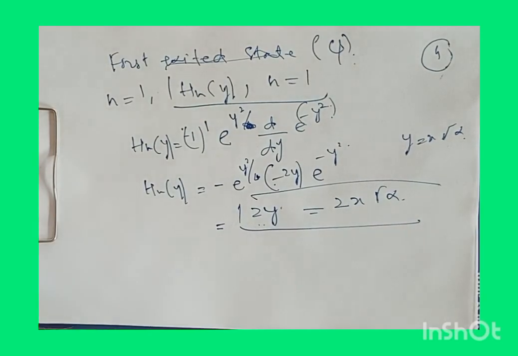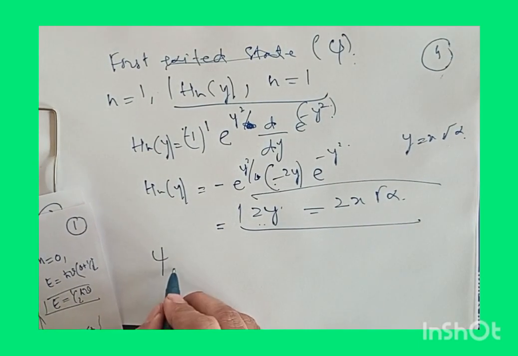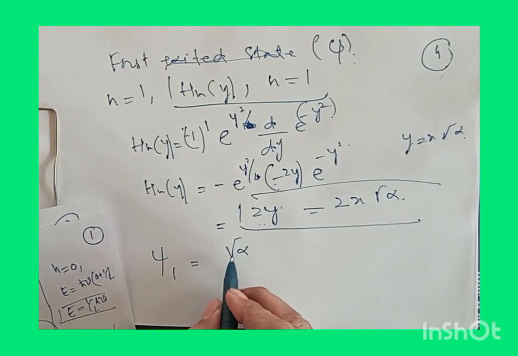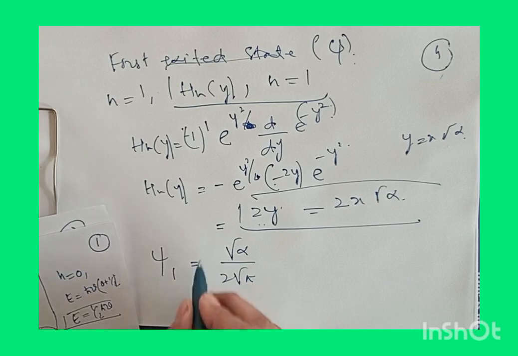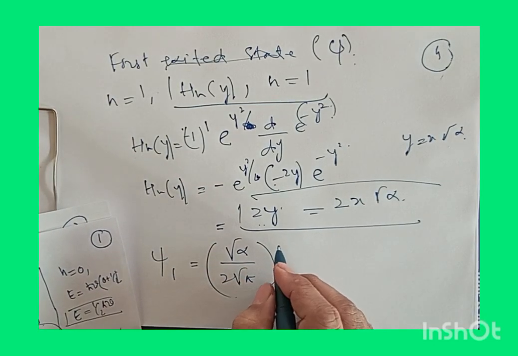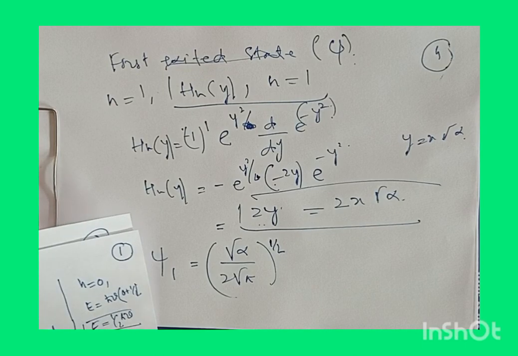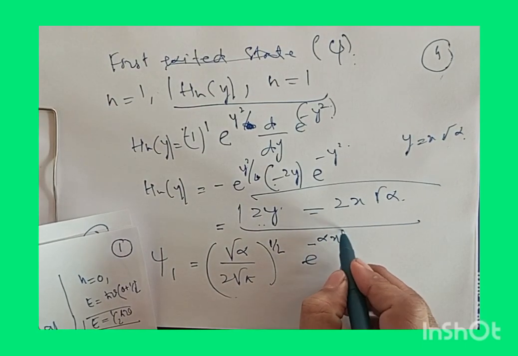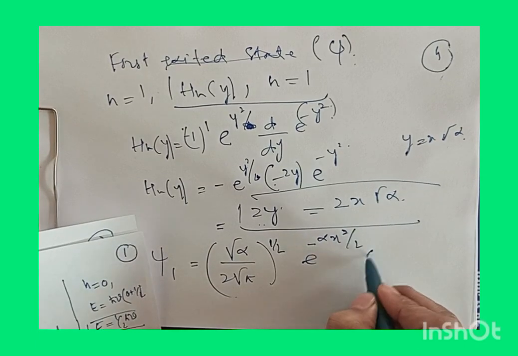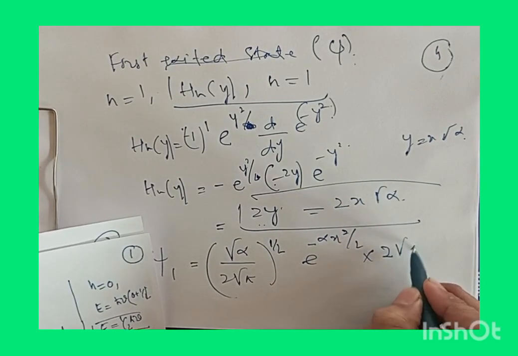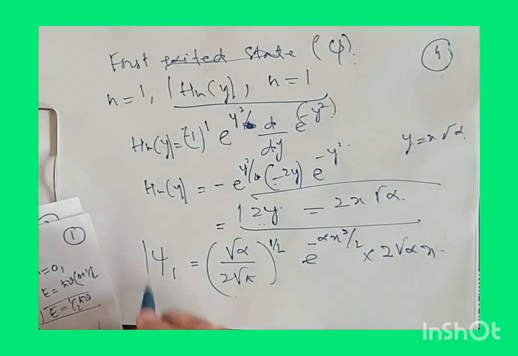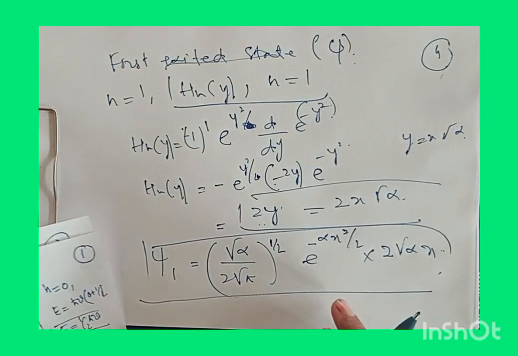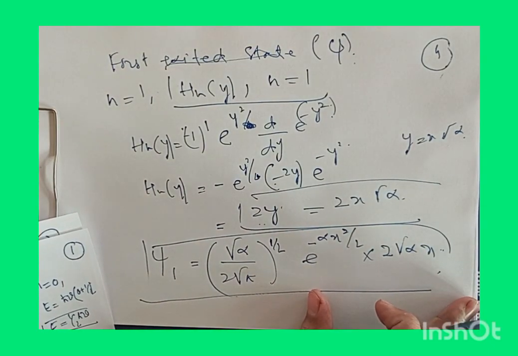I can immediately use it in my wave function psi 1, and from there I'll have the square root of alpha by 2 times the square root of pi, raised to the power 1 by 2. Then I will have e to the power of minus alpha x square by 2 times twice the square root of alpha x.